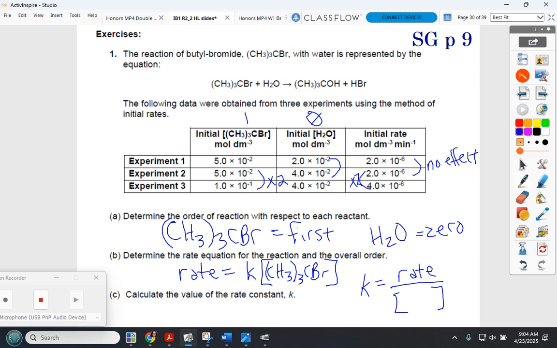So can you do letter C then? So I'm asking you to do letter C. What do you mean? You said it was K, rate over the... Uh-huh. It's going to be the concentration of the 2-methyl.